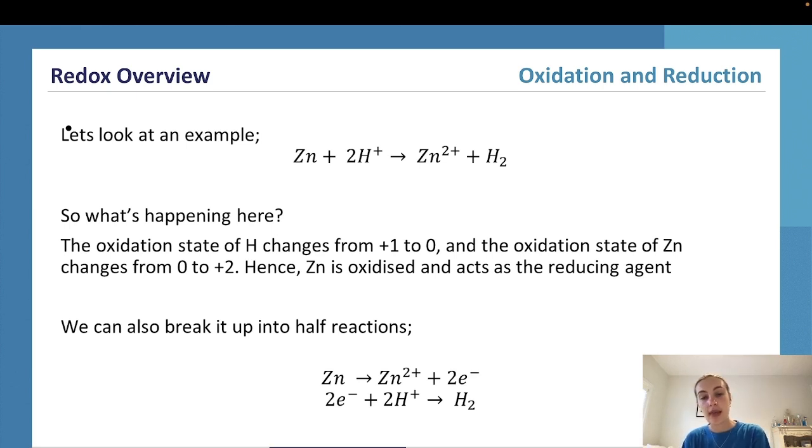So we can say that the zinc forms zinc 2+ plus 2 electrons, and that would be our half reaction for the oxidation of zinc, whilst we can also then do beneath that 2 electrons plus 2 hydrogen ions makes hydrogen gas, and that's showing our reduction reaction, which is showing the reduction of the hydrogen ions.